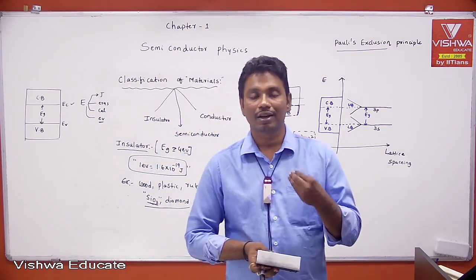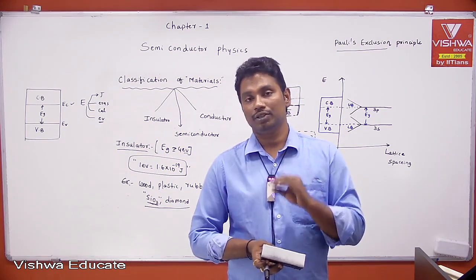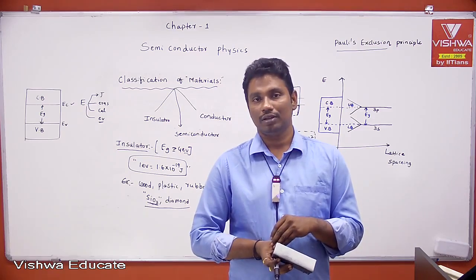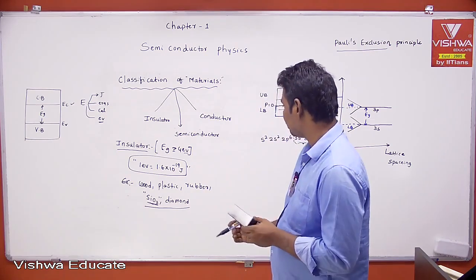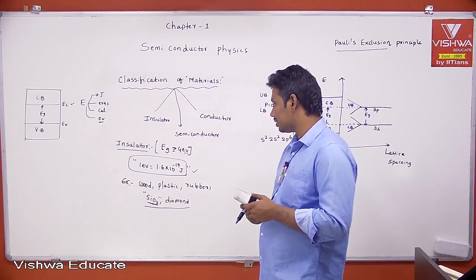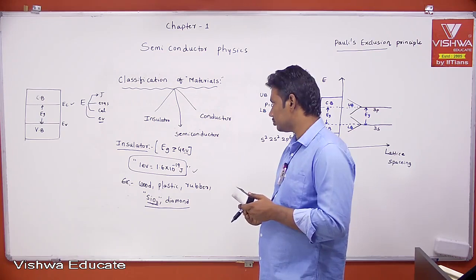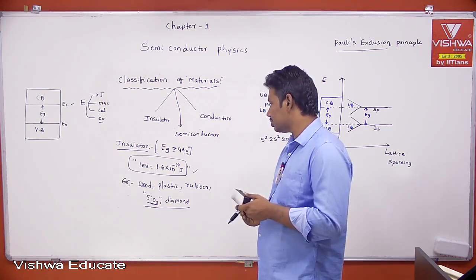Electron volt is the smallest unit of energy. 1 electron volt equals 1.6 into 10 power minus 19 joules.